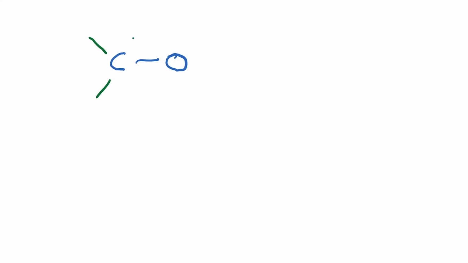And we saw that the pi orbital was skewed towards oxygen, and it was looking something like this. This is the occupied orbital, which is the pi orbital. So this would be considered the highest occupied molecular orbital.